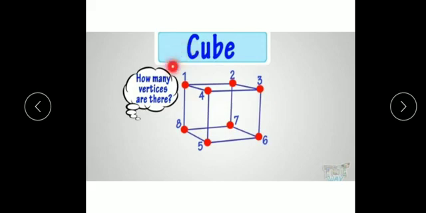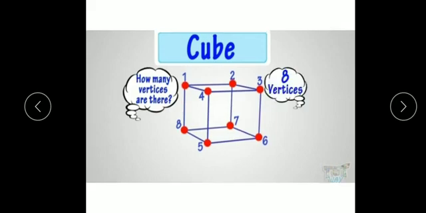See children, 1, 2, 3, 4, 5, 6, 7, 8. So these are 8 vertices. It means in a cube there are 8 vertices.